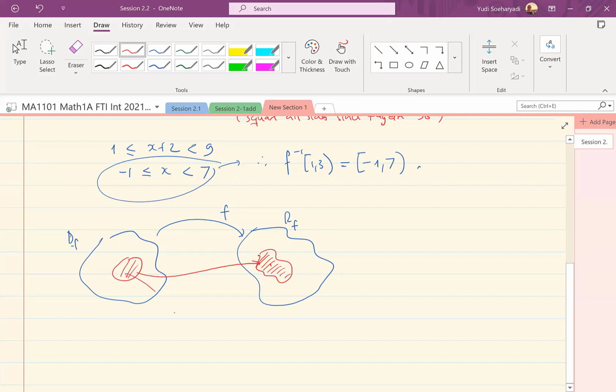So this is what we call the preimage. Say this is the preimage of A under F.